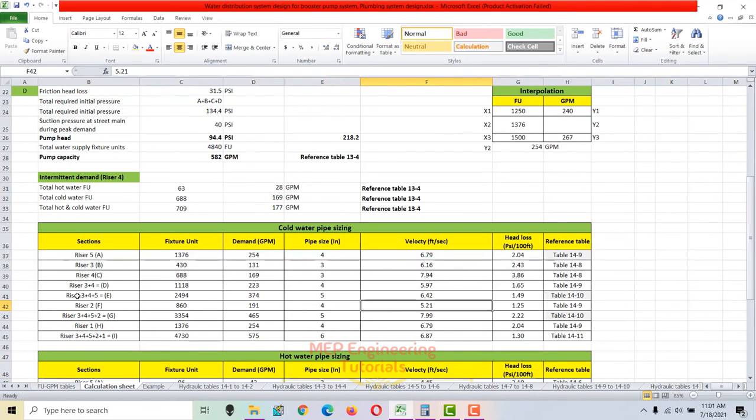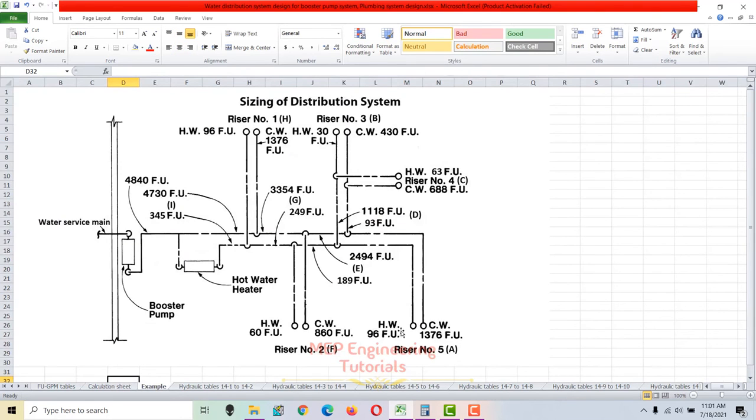So let's go for another riser. Let's check riser 3 plus 4 plus 5, which is represented by E, as you can see here in the drawing. This is the pipe segment we are going to calculate now. This is riser 5A, this is 4, and this is 3.